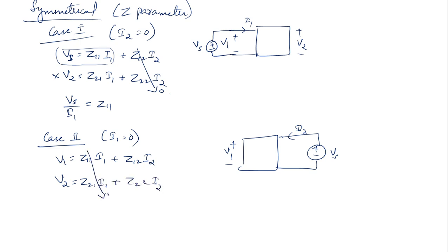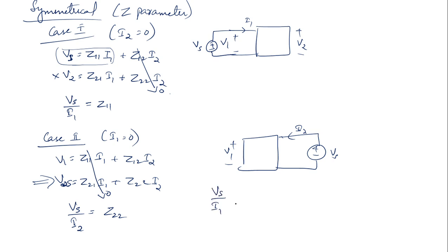Here I1 is equal to 0, and instead of V2 you are having the voltage Vs. So you need the ratio Vs by I2 in the second case. If you take Vs by I2, you will get it from this equation, that will be equal to Z22.